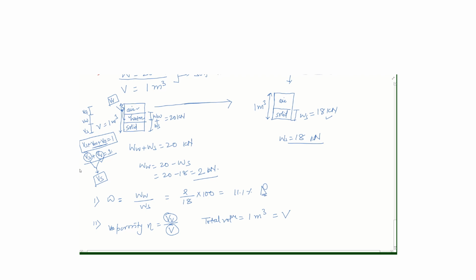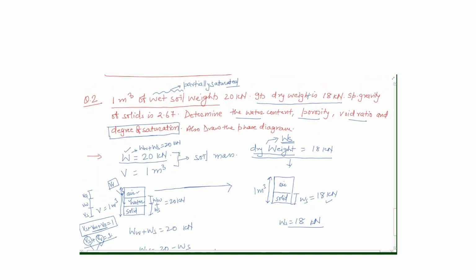So how can we calculate the volume of solid? Just refer to the question. Specific gravity is given, and that is connected to the solution that we can get from this parameter.